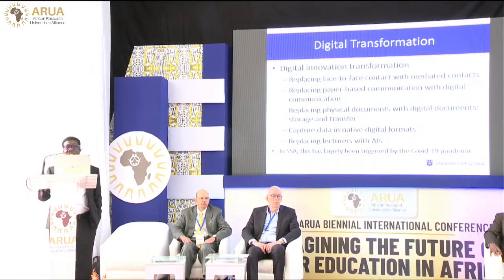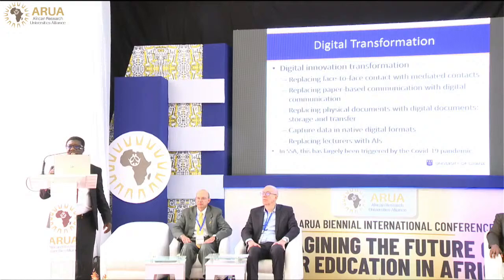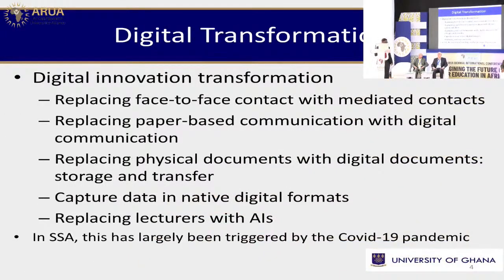Then looking at replacing documents with digital documents, and then storage and transfer. There is a very interesting scenario here. I think one of the constraints which a lot of universities and institutions are going through is the signature.